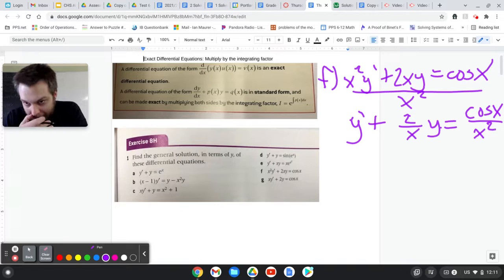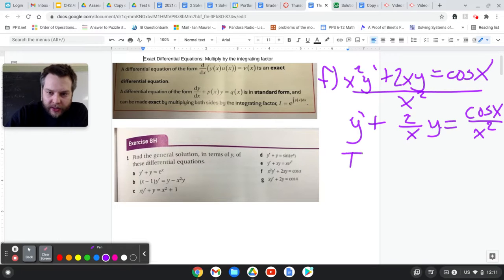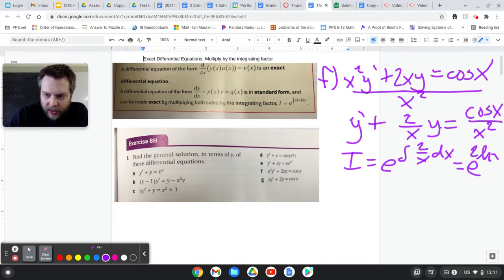And then what you can do is multiply by the integrating factor. The integrating factor is going to be e to the antiderivative of 2 over x dx, which is e to the 2 natural log of x, which nicely reduces down to x squared.